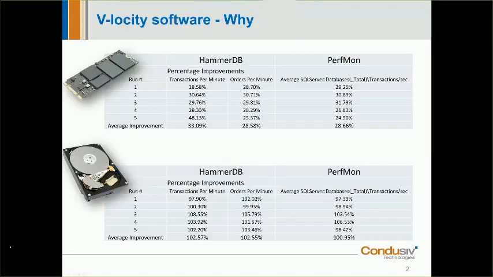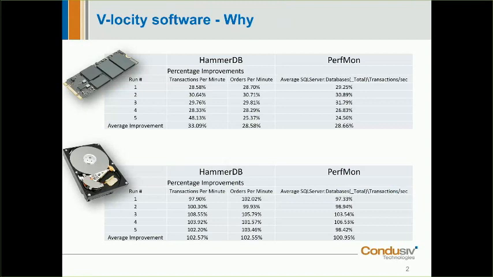So to illustrate why you might want to consider downloading and installing the Velocity software onto your SQL servers, I actually ran some lab tests using HammerDB to generate an online transaction processing type workload with and without Velocity installed. Firstly, using SSD storage, and then using spinning disk storage.